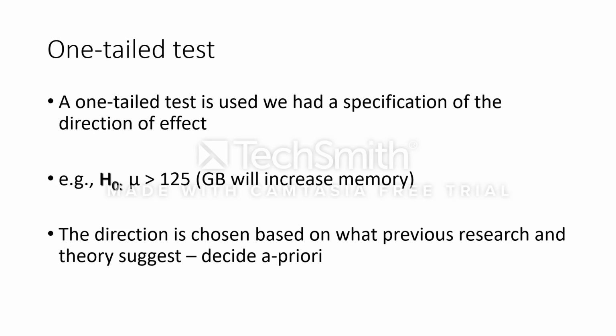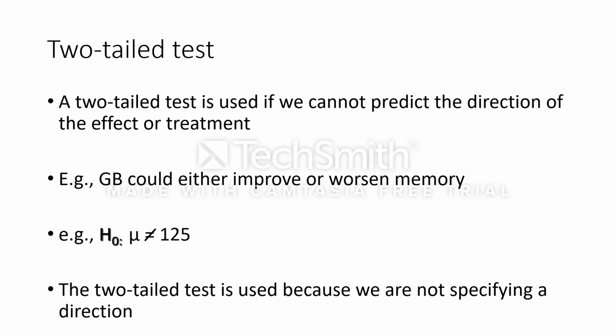So what do we know about ginkgo biloba, and then what would that lead us to predict? That's the sort of thing that you need to be able to do as a researcher: not just propose different hypotheses randomly, but propose hypotheses that are based on, as much as possible, what we already know.